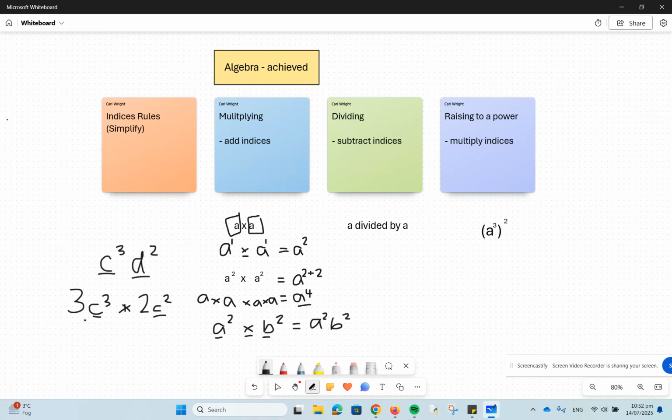So what is this? It's C3 and C2. That means we add the indices. That means it's C5. Yep, so I've added them together.